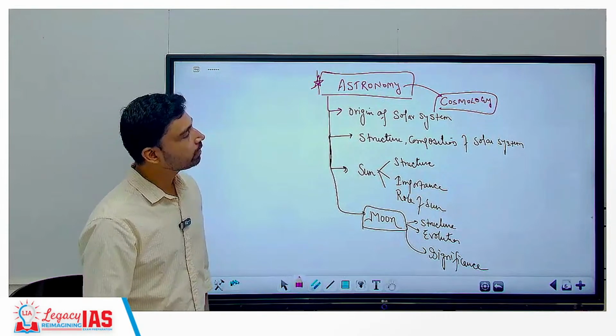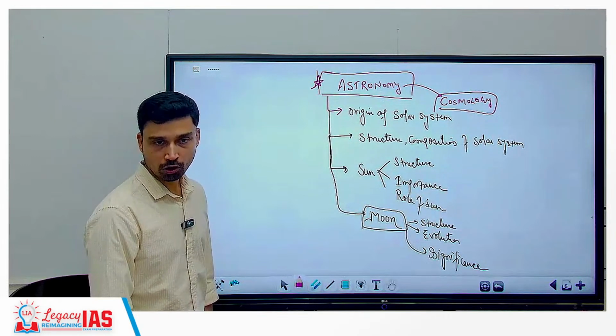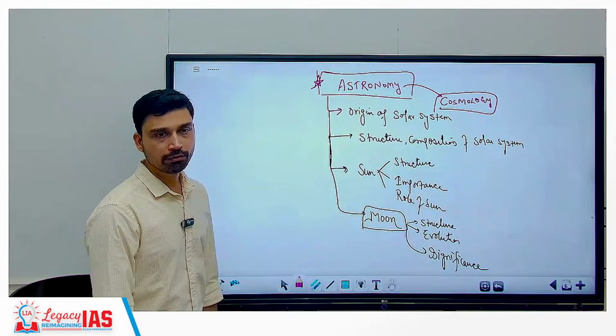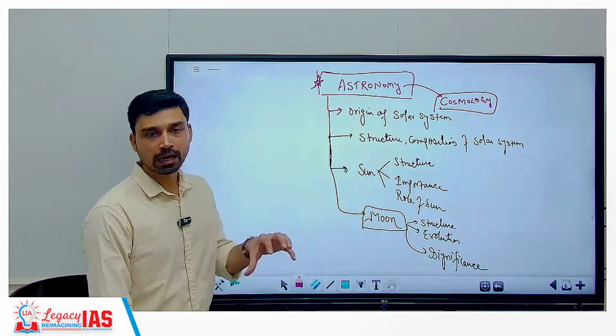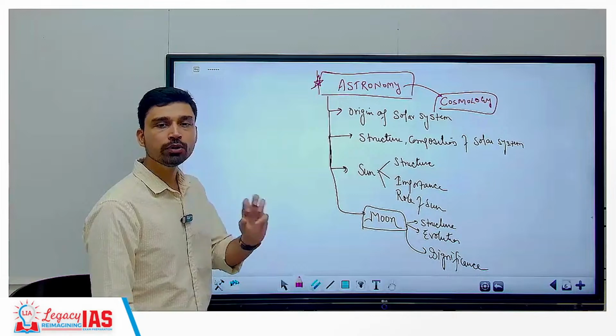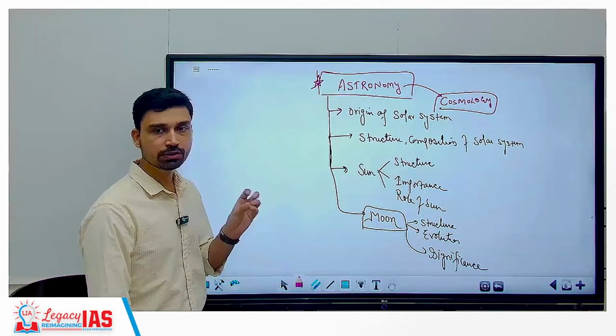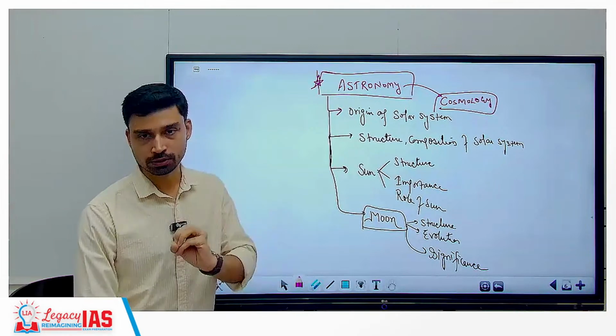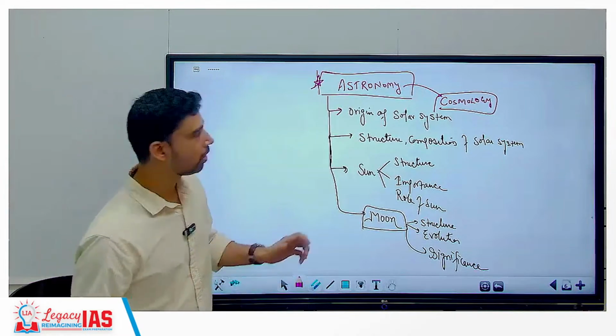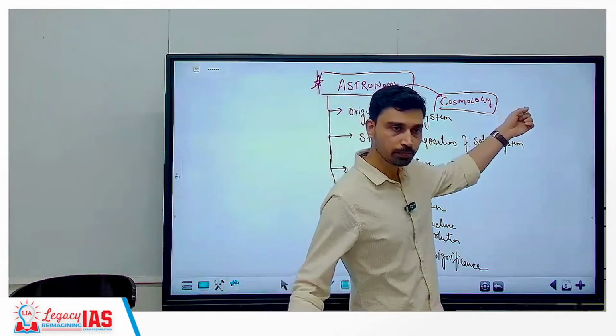And in astronomy, one discipline that has emerged recently is cosmology. Cosmology is when we do not study things as they are, we try to study how they came into existence. That means when we focus on the origin of the universe rather than studying the universe, the origin of the universe becomes part of which branch? Cosmology.